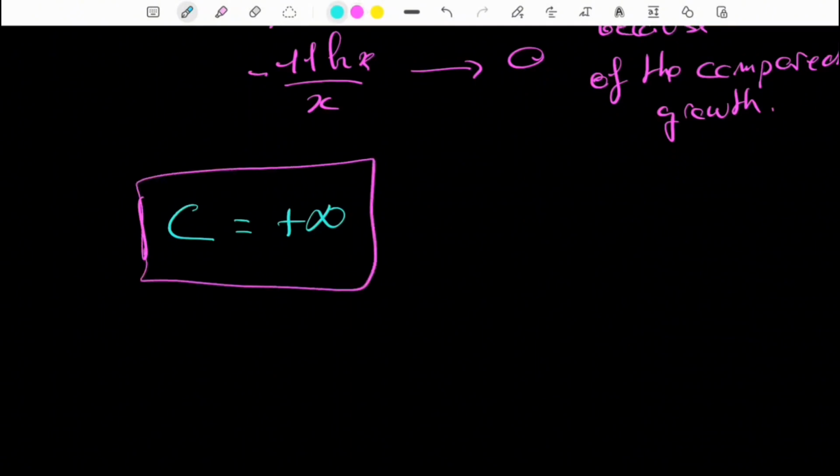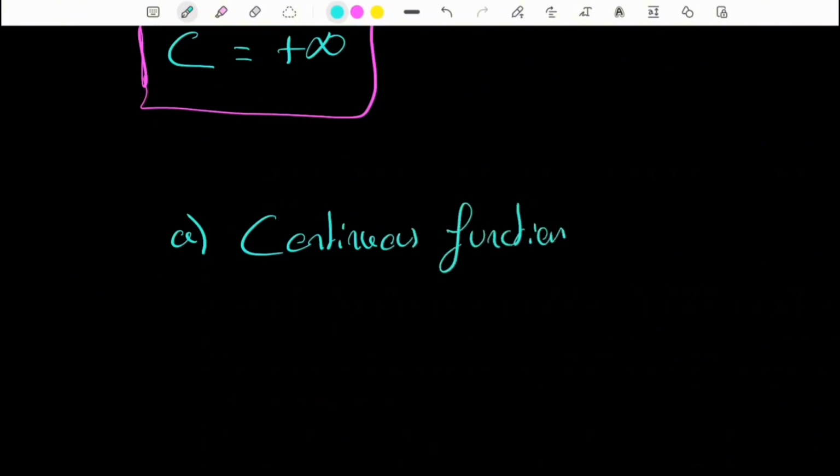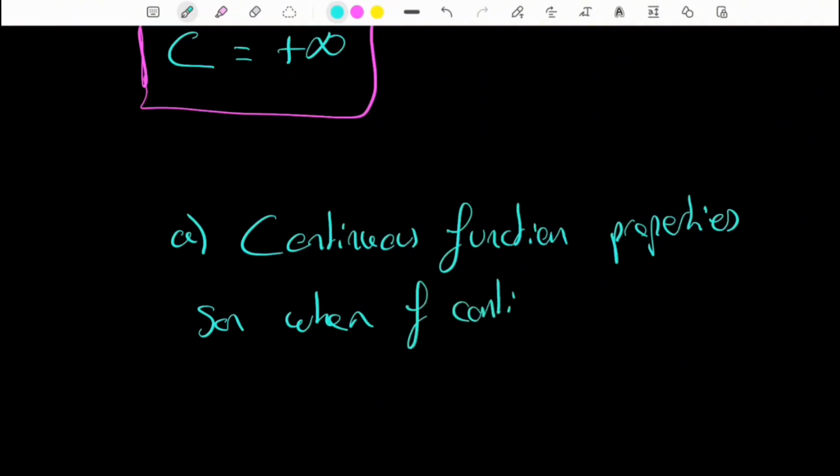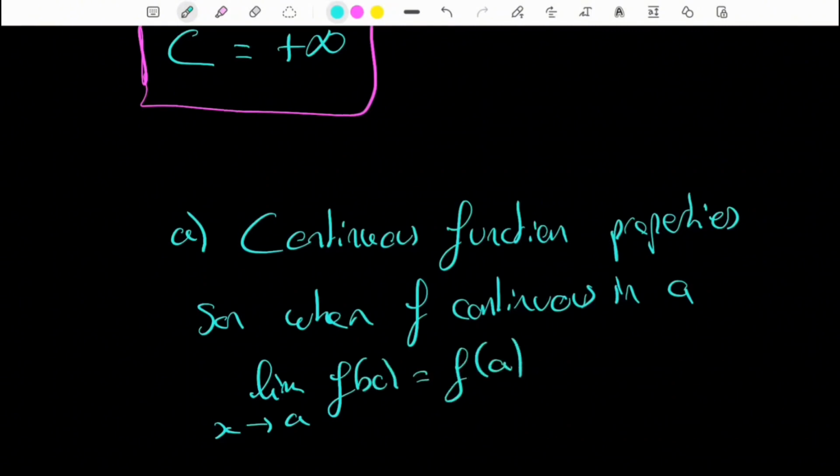So to do a little summary, for a we used the proper continuous function properties: when f is continuous in a, the limit when x tends to a of f of x is equal to f of a.